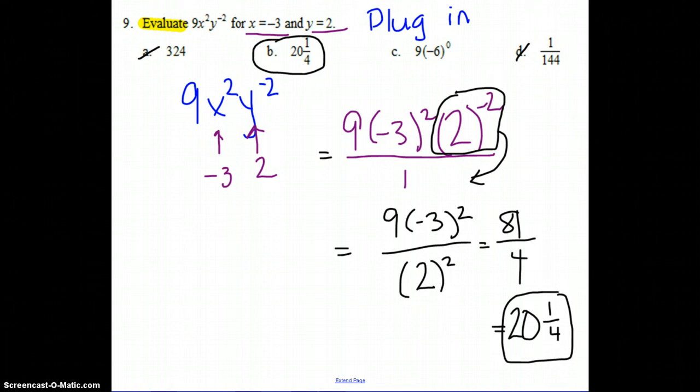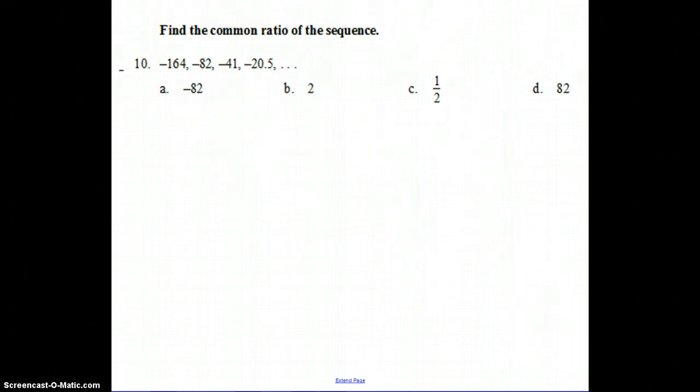Okay, let's see if we can squeeze in one more before our time limit comes up. This is a common ratio problem. Remember, anytime you see the word common ratio, that means that they are automatically telling you it's got to be geometric. You don't have to guess, you automatically know that, which means that something gets multiplied by over and over again in order to create the sequence that you see there.